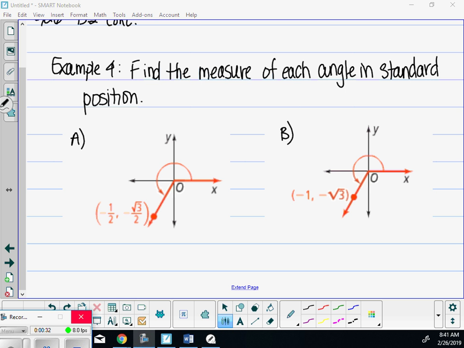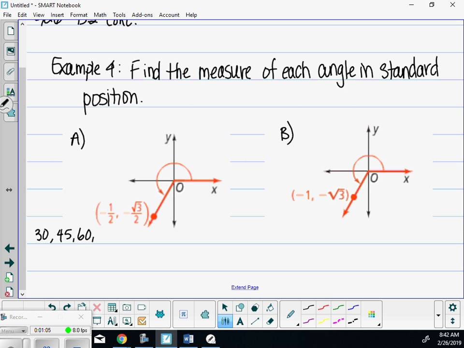Today we're going to look at a couple where these numbers are not the same, and we need to figure out what angle we're dealing with. For now, we are basically going to deal with 30s, 45s, 60s, 90s, and multiples of those, okay?